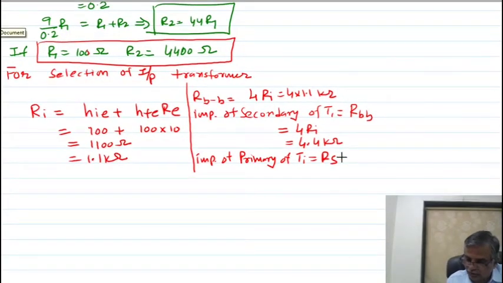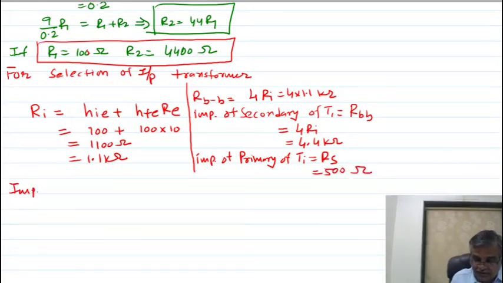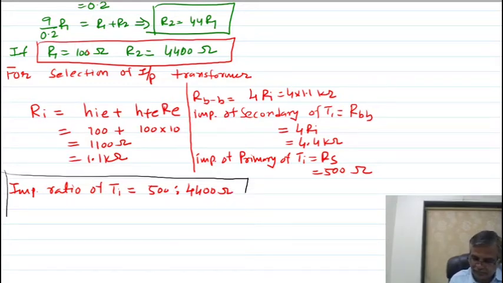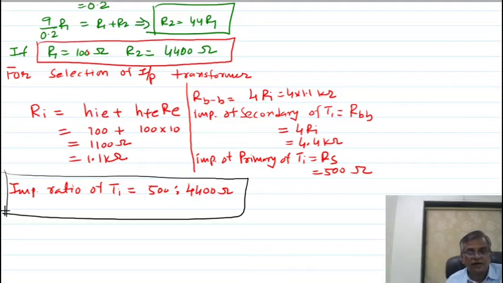Therefore the impedance ratio of TI should be 500 ohm is to 4.4 kilo ohm. I am not mentioning its power rating because very little is required. The signal is very weak.